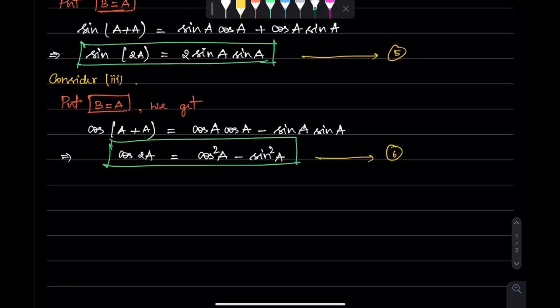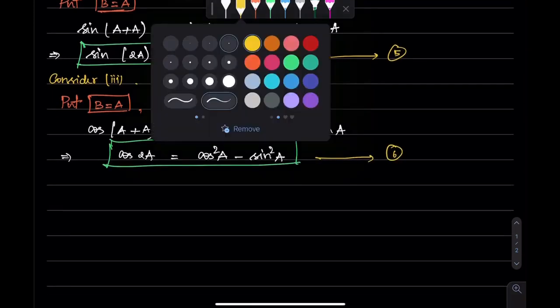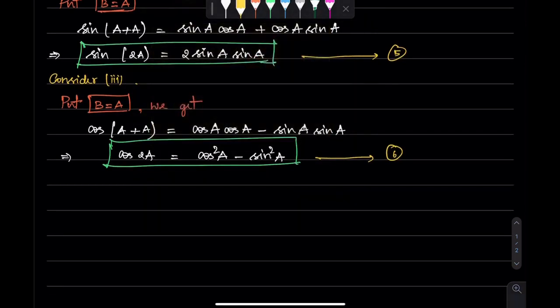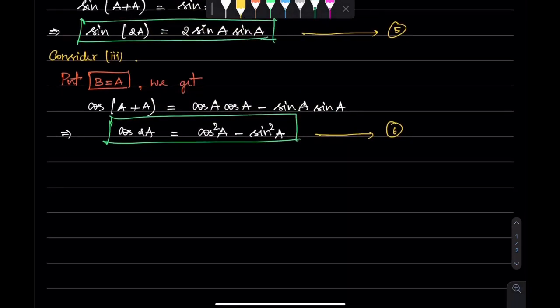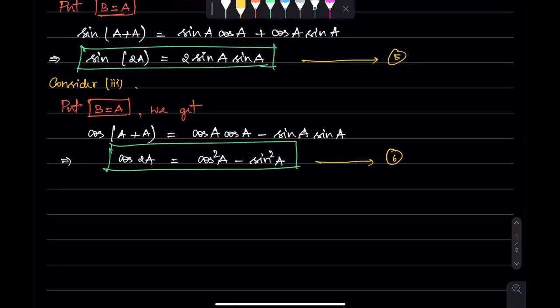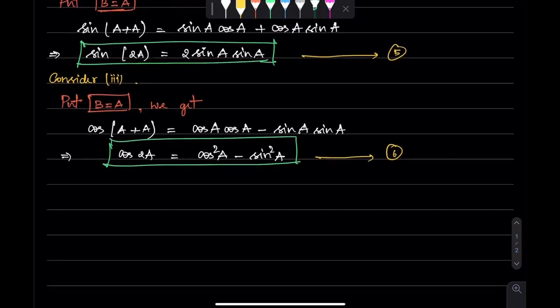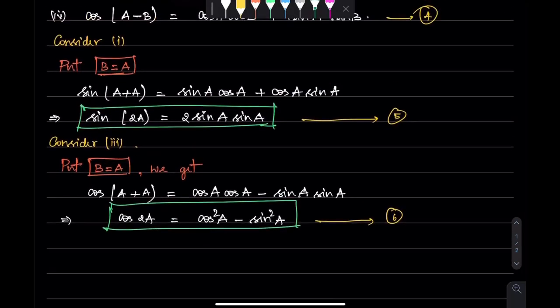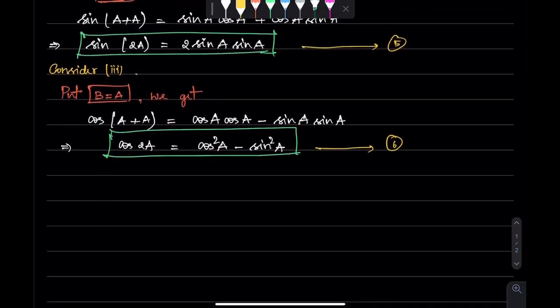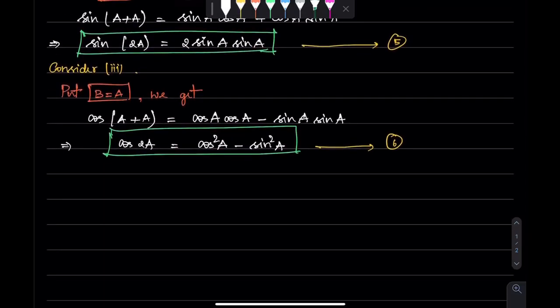Good. Now what do I get next? We got sin 2a and cos 2a, and obviously you need tan, so I'm going to consider tan of a plus b.